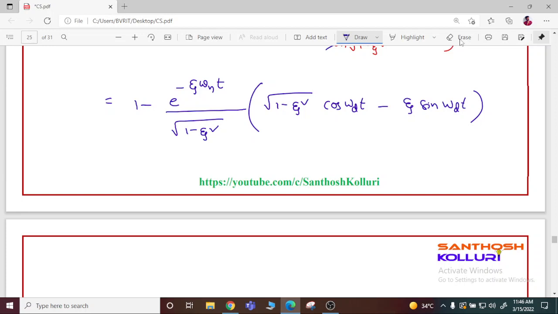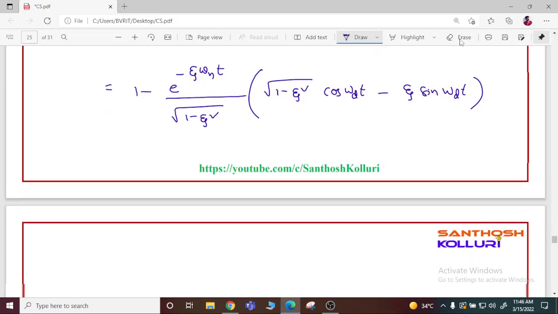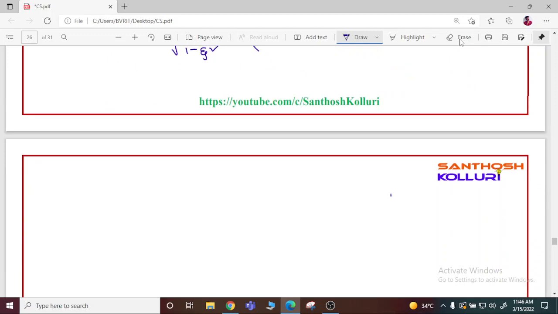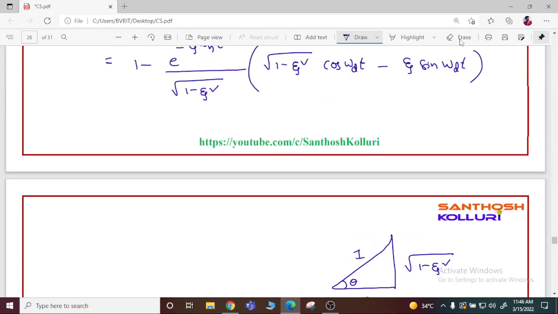now from the triangle here. This is a triangle, where this is zeta and this is theta, this is root of 1 minus zeta square and this is 1. From this triangle I can simplify the above equation: root of 1 minus zeta square can be replaced with sin theta and zeta can be replaced with cos theta.